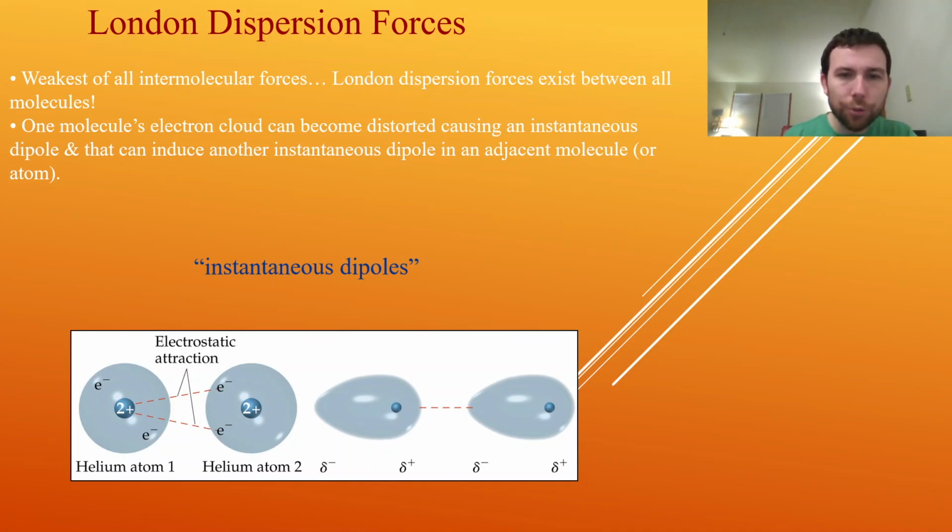That's going to cause the electrons in helium atom number 1 to shift further to the left, creating this distortion in its electron cloud, and then it's going to momentarily create an interaction between those two atoms. That's how London dispersion forces form within a given molecule. And again, these are instantaneous dipoles, and they're not necessarily permanent like the dipole that can be found in a polar molecule. I hope that makes sense to you guys.